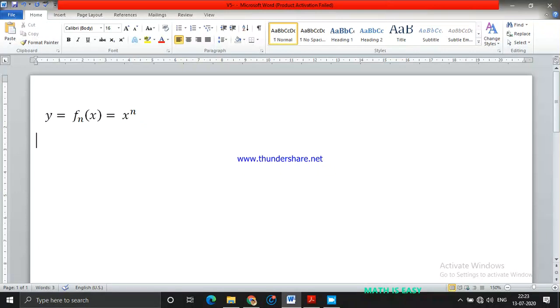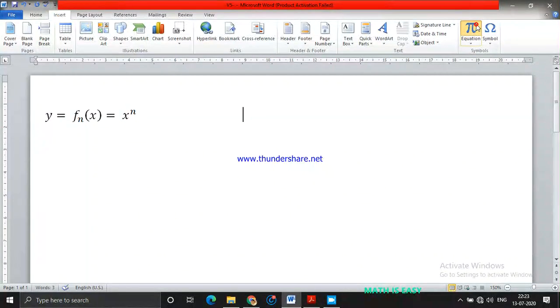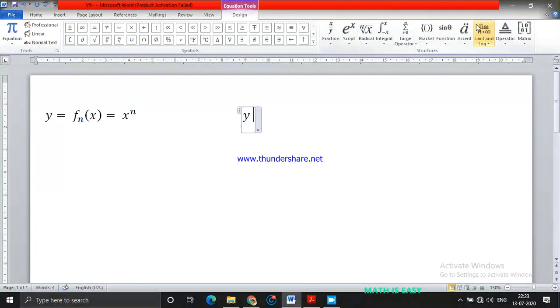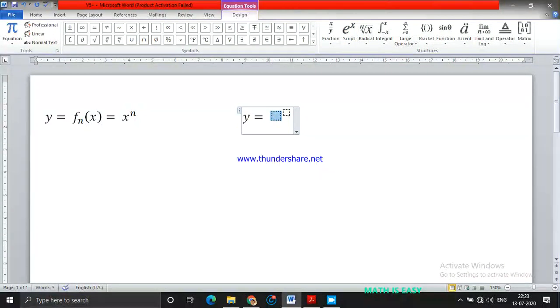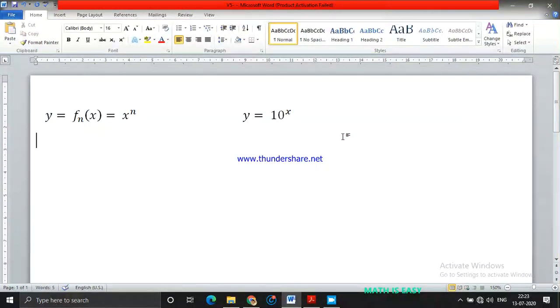So my question is, is there any function which gives me a y value that grows faster than x to the power of n? So what I consider is another function. For example, if I take y equals 10 to the power x, y equals 10 to the power of x.